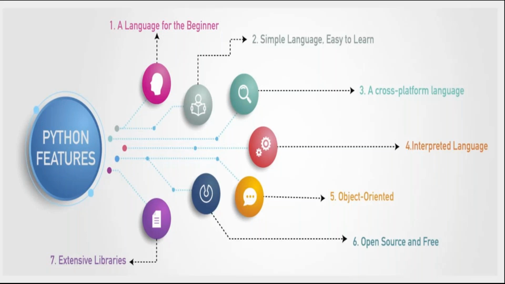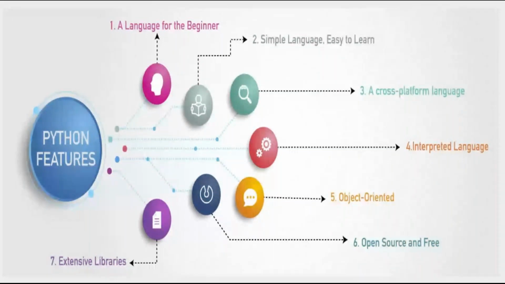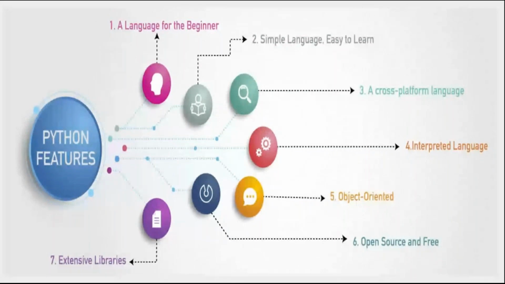So moving on, coming to the third feature, a cross-platform language. What do you mean by a cross-platform language? Very simple. You can use Python in the Windows operating system, the Linux operating system, Mac OS.